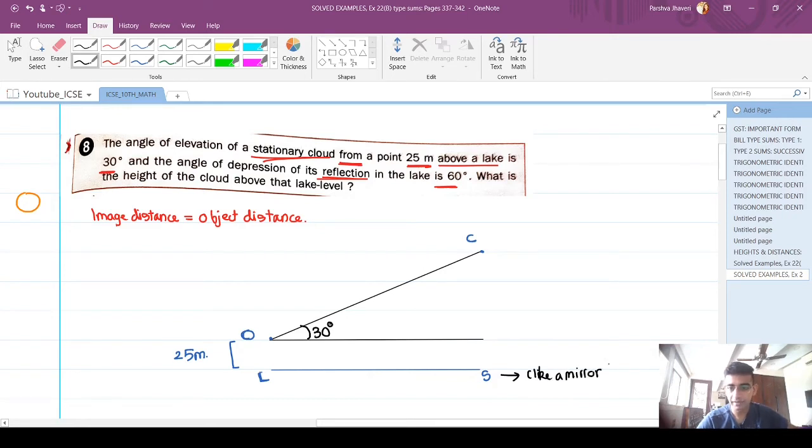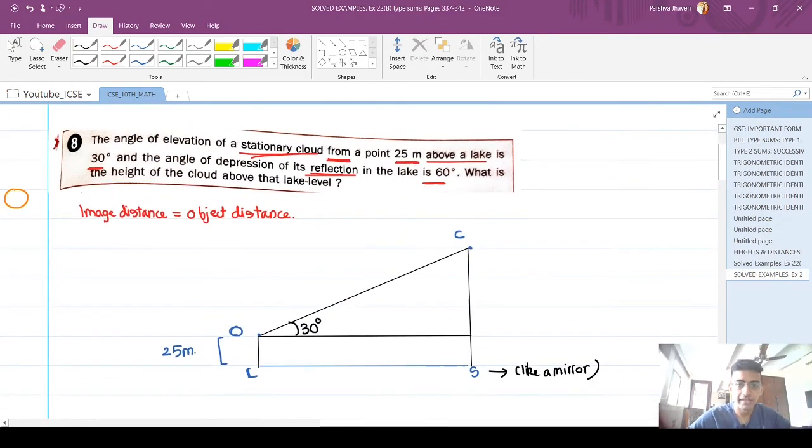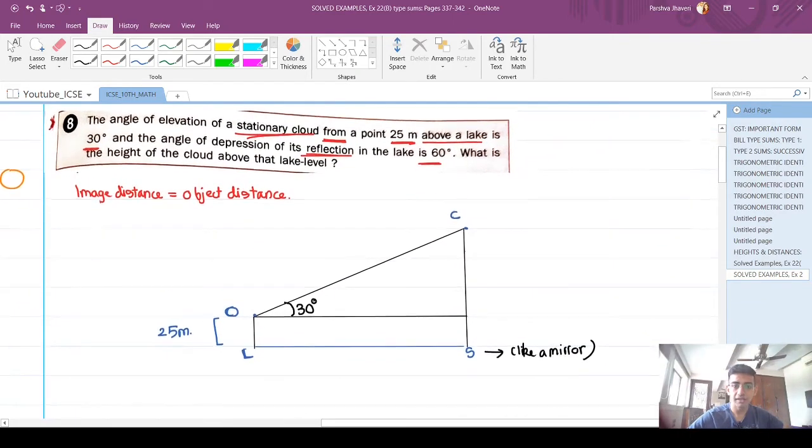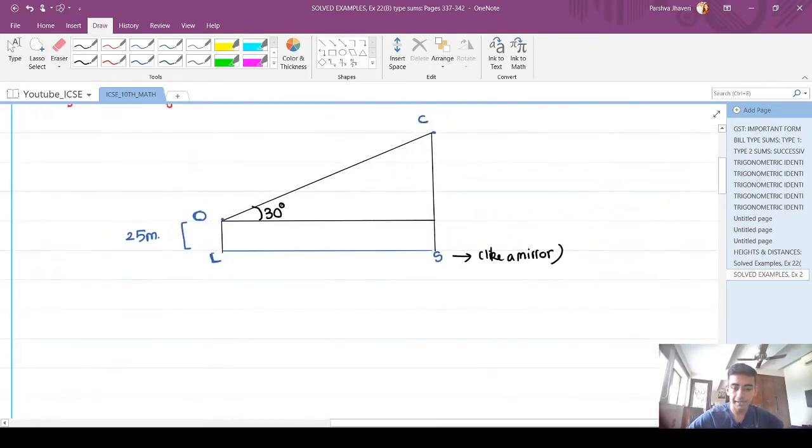I'm just joining the lines so that I get my triangles. They want to find the height of the cloud above the lake level. So this is your object distance.